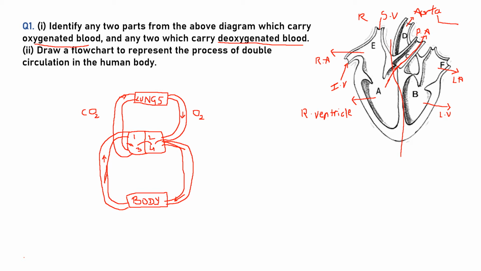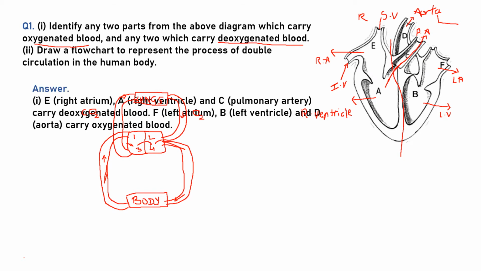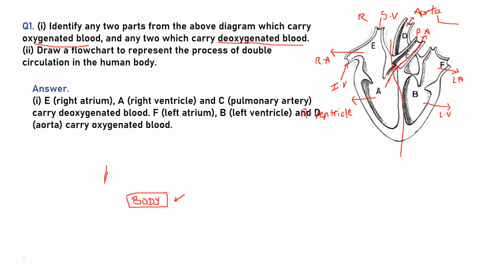So let's have a detailed look at the answer. Let me rub the whole answer. Here you can see the answer, right? So E is the right atrium, A is the right ventricle, C is the pulmonary artery, and it carries deoxygenated blood.